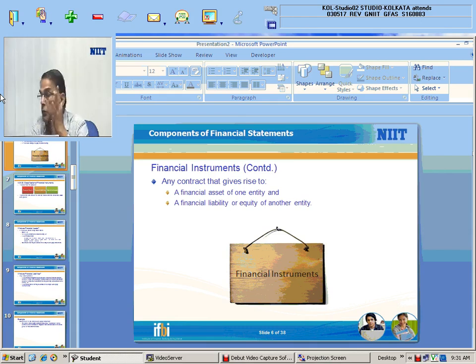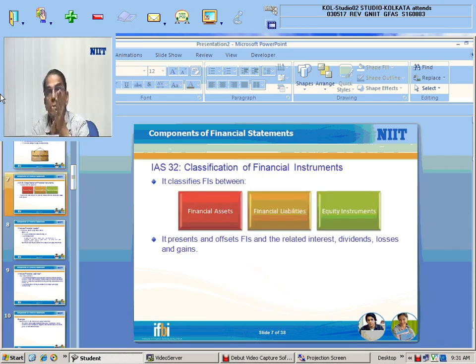Now IAS 32, which deals with the presentation aspect of financial instruments, classifies financial instruments into three types. One we call FA or financial assets, the other is FL or financial liabilities, and the third is equity instruments. Financial instruments encompass equity instruments, financial assets and financial liabilities.